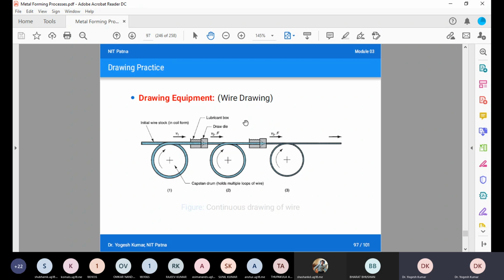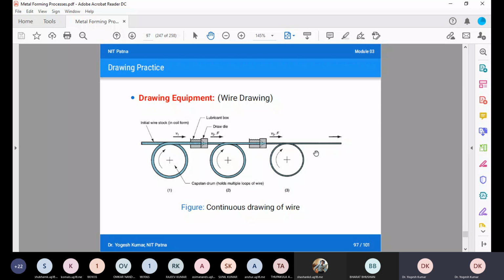So this is how the equipment in the case of drawing is placed. This is continuous drawing of wire, a process in which multiple dies are kept in between capstan drums. This is how the reduction in wire takes place.